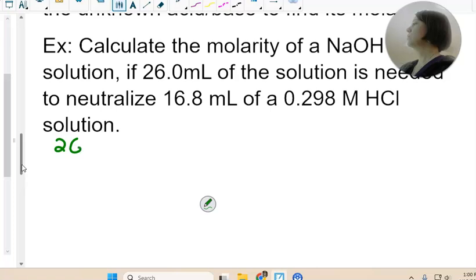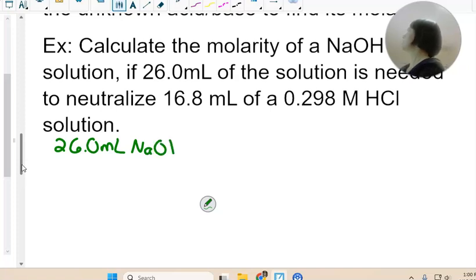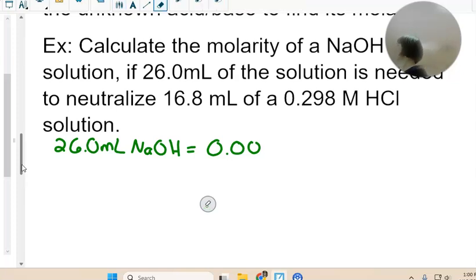So I know if I have 26.0 milliliters of sodium hydroxide, I'm going to divide by 1,000, that's going to be 0.0260 liters of NaOH.